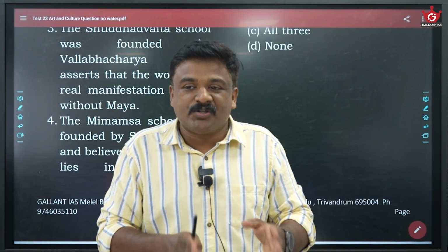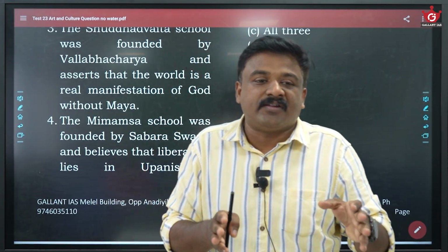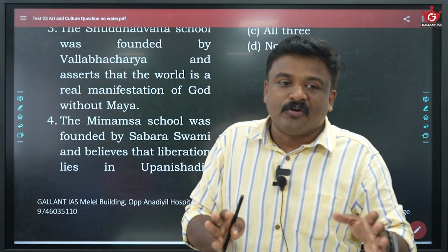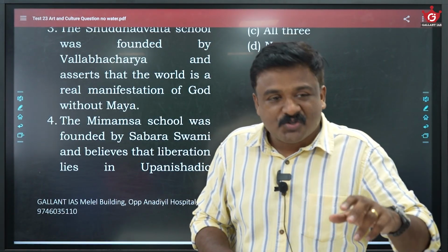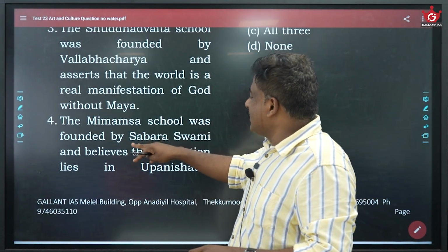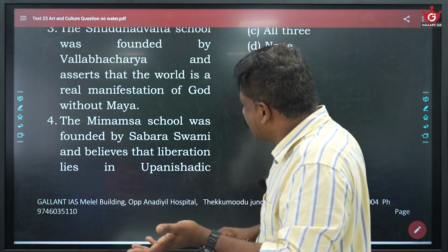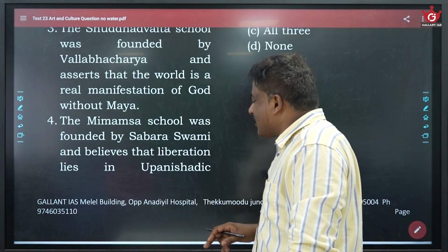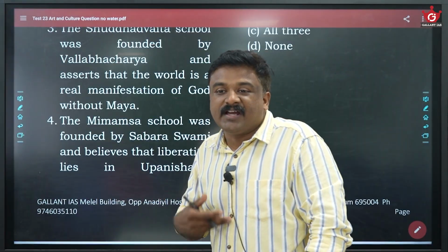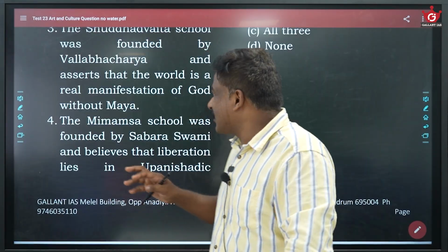Vedic knowledge, Vedic ritual sacrifices, or unquestionable faith in Vedic text is important for achieving salvation. So you see these are the different orthodox schools of philosophy. Mimamsa is not founded by this guy, and its liberation is not connected with the Upanishadic principles. It says that Vedic authority, Vedic rituals, or Vedic reasoning is essential for salvation.